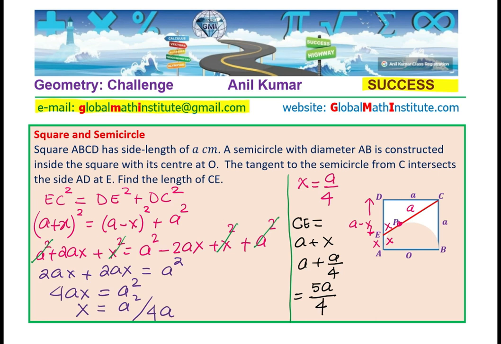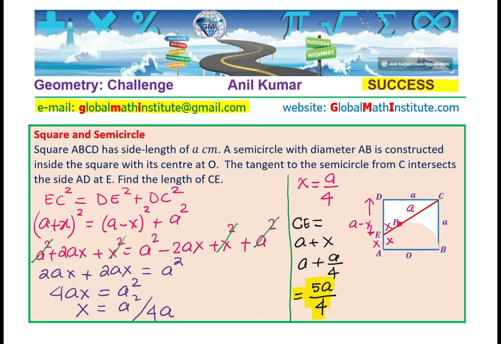So slightly more than the length of the square, right? A quarter of its length more than the length of the square. Makes sense? So we now find the length of CE is 5A over 4. Perfect. So that is how we are going to solve this particular question.